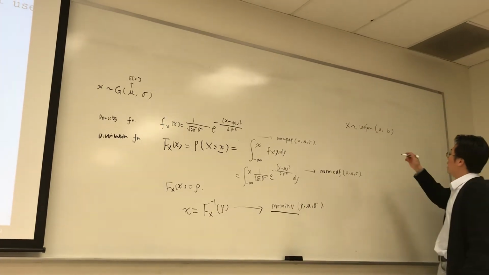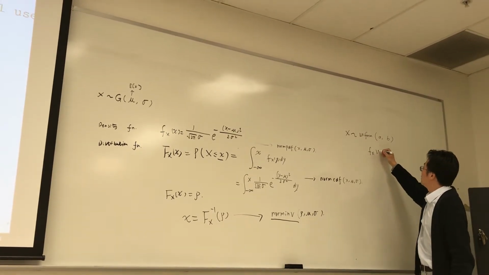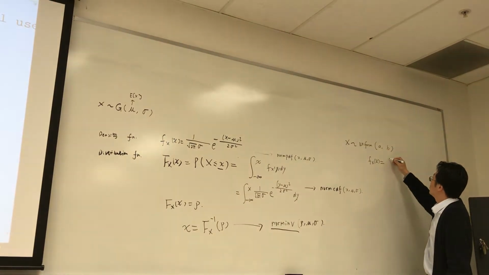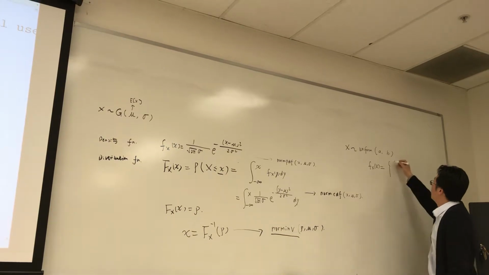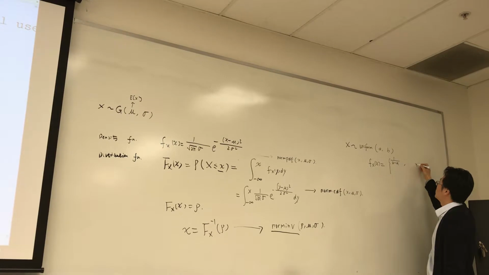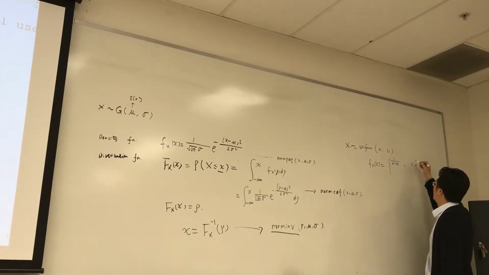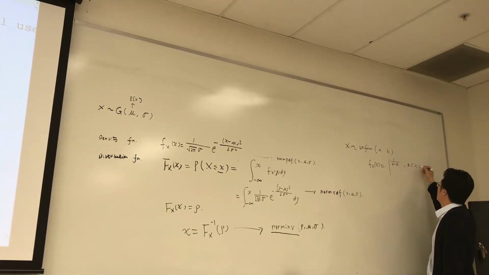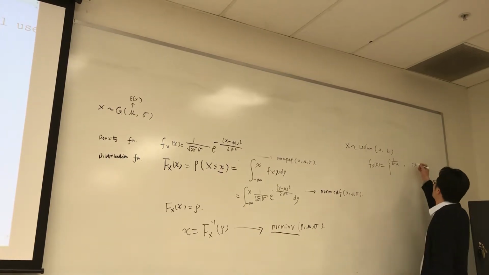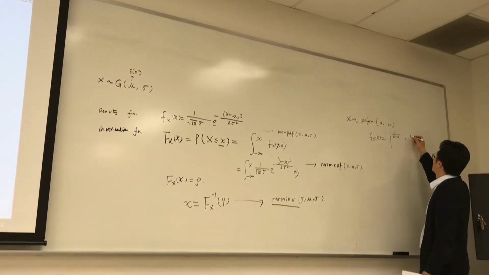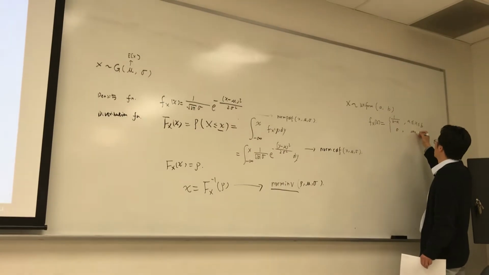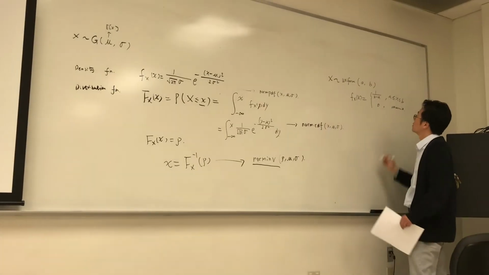And then this will be the probability density function, which equals 1 over B minus A when x is between A and B, and 0 otherwise. Okay?